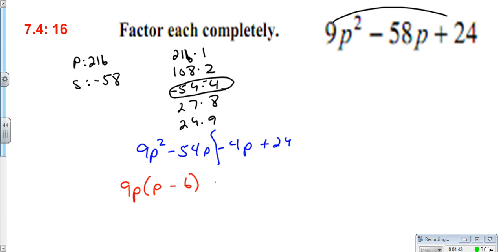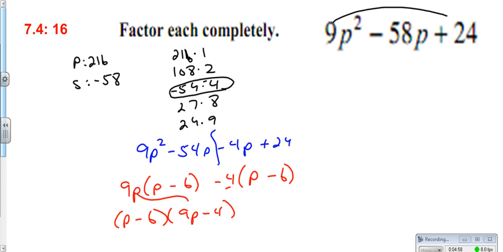Here I can take out a negative 4 and get p minus 6. So p minus 6 is in common. I factor that out, and it's times what's left, 9p minus 4. There's your 9p, and there's your 4.